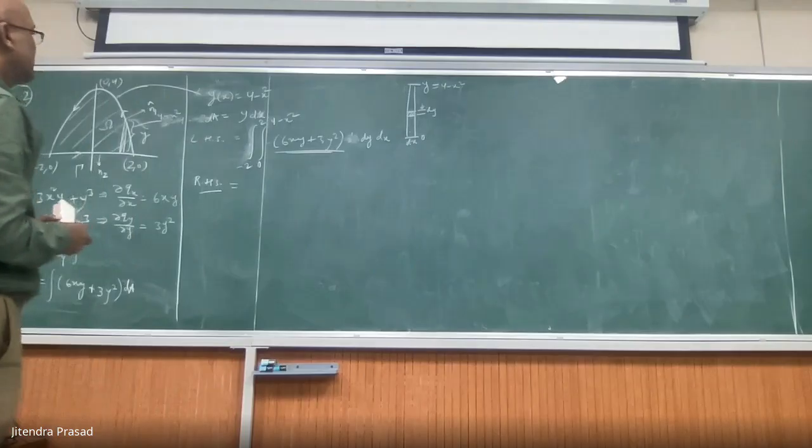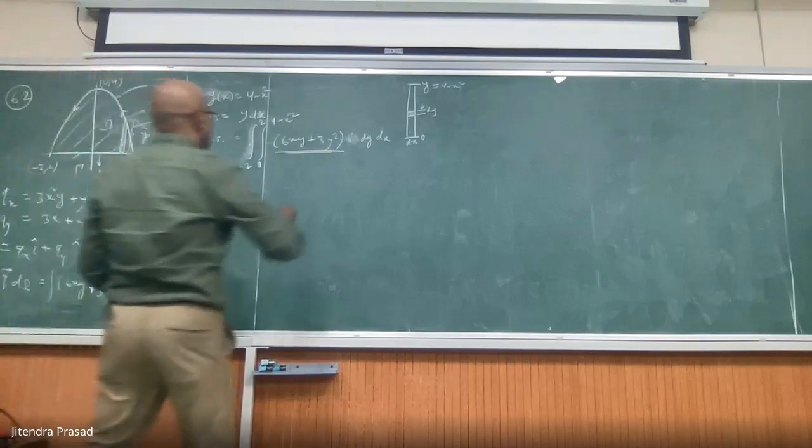Sir, only the integral part in the LHS. While doing the integral, if I convert 6x into 4 minus x square, plus 3 into 4 minus x square whole square, then what will we take outside? y dx, like 4 minus x square dx, or dy I'll have to do.